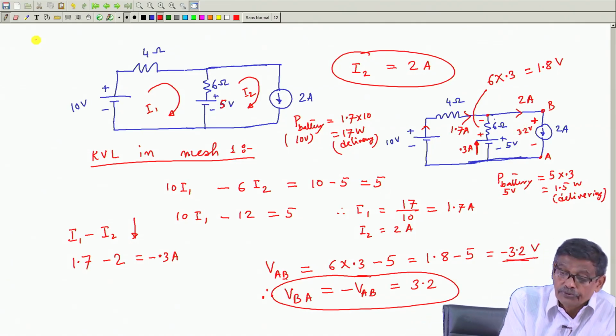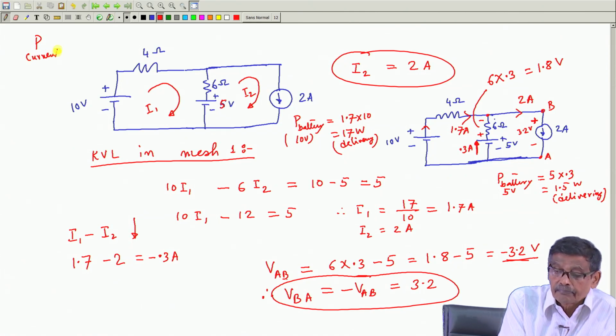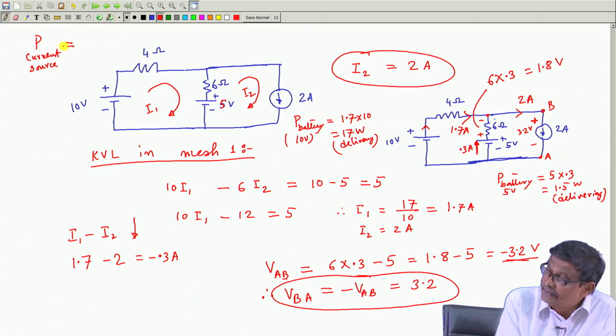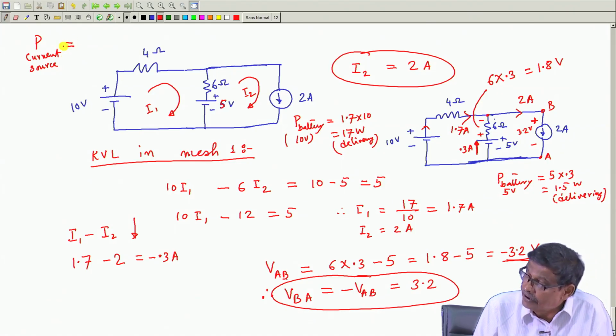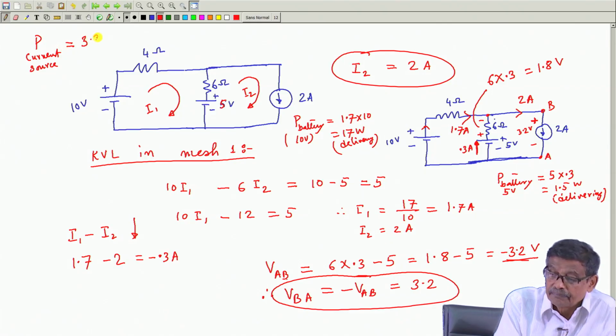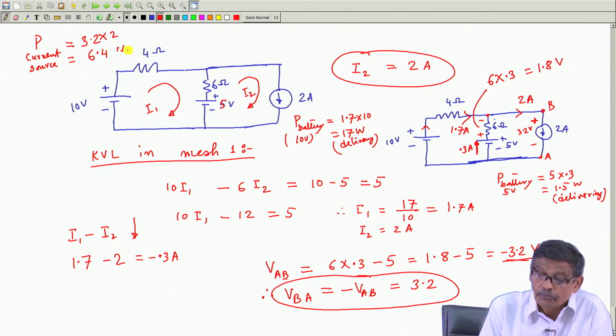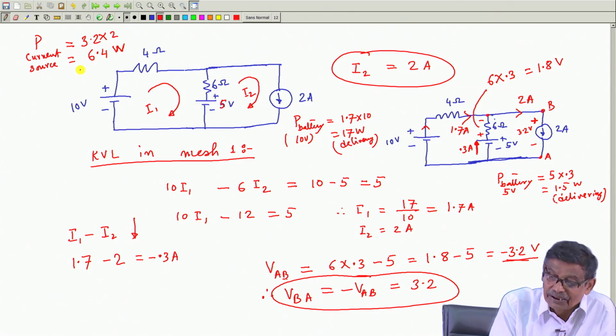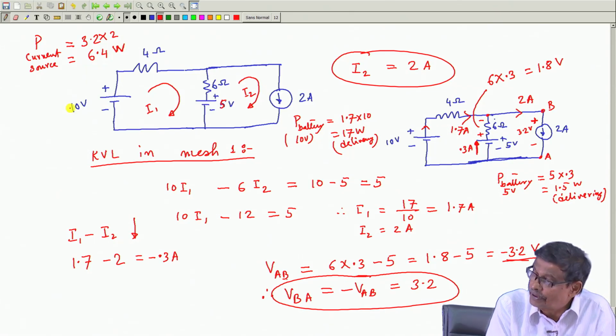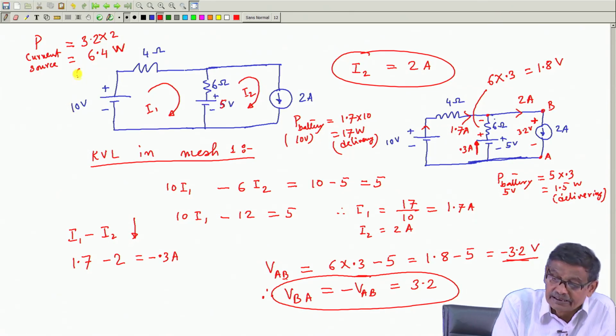Therefore, P current source is handling power. How much is it? Voltage into current. Voltage is this and current is this. So, this will be equal to 6.4 watt, but I must write something. Is it absorbing power or delivering power? I must write it is absorbing.